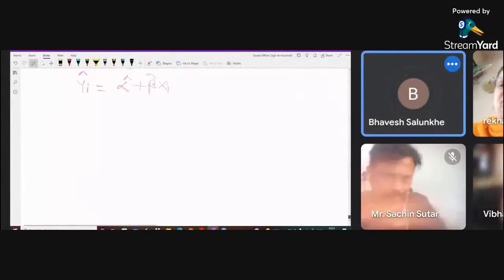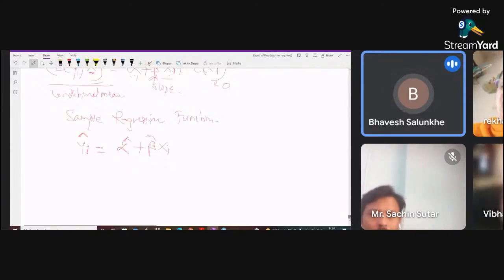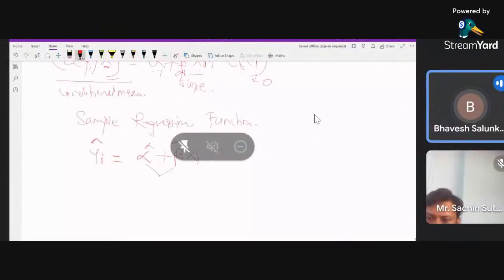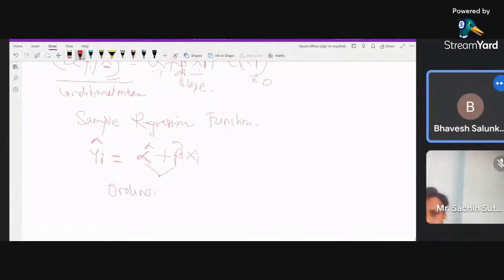Now we estimate these parameters in this way. But how do we estimate these parameters? The method of estimating alpha hat and beta hat is something called the ordinary least squares method, which is in short called OLS.